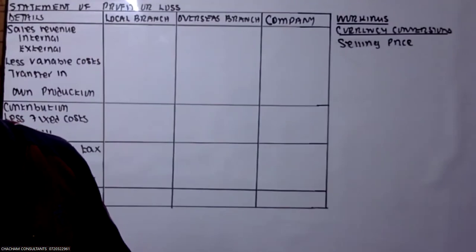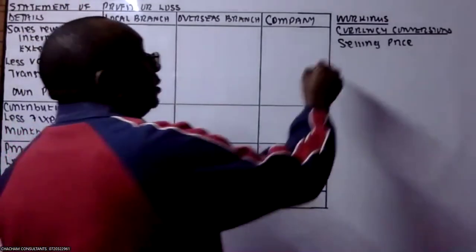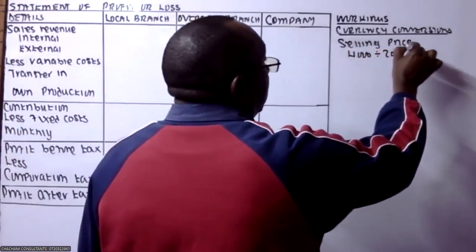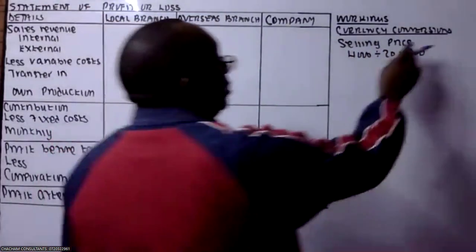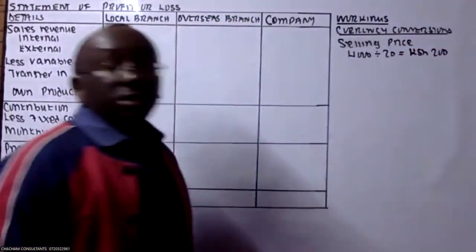So do I divide or multiply? Good, we divide. So it is 4,000 divided by 20. This must be 200 Kenya shillings.